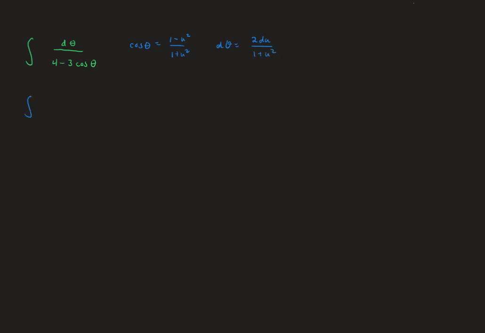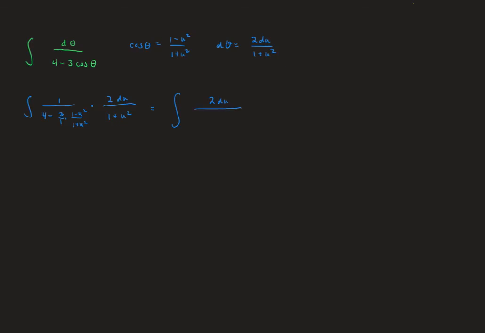So our integral is going to become 1 over 4 minus 3 times our 1 minus u squared over 1 plus u squared, times our d theta, which is 2 du over that 1 plus u squared. So that's going to give us a 2 du in the numerator.